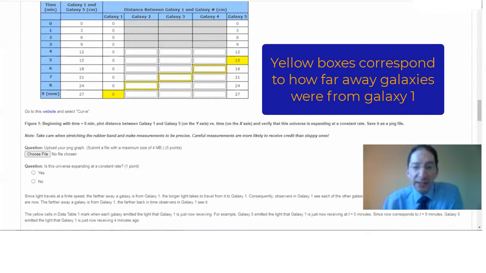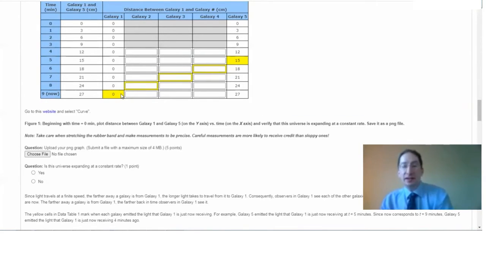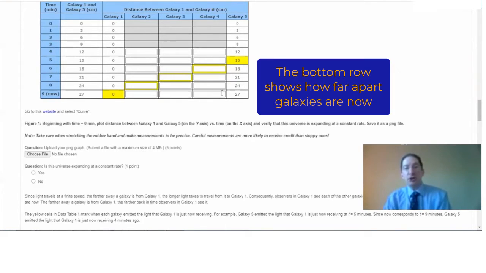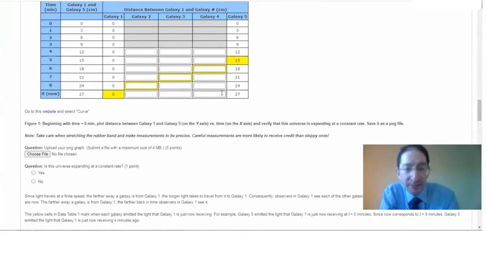The yellow boxes correspond to how far away these galaxies were from galaxy 1 when they emitted the light that galaxy 1 is just now receiving. At that point in time, they were closer together. And this bottom row shows how far apart the galaxies are now. And that's, of course, greater.